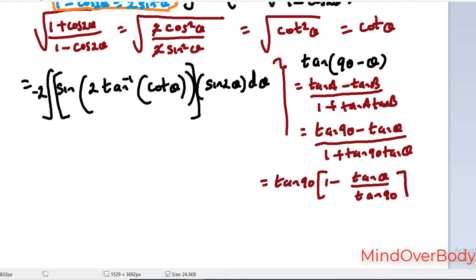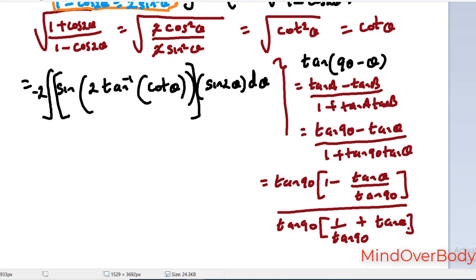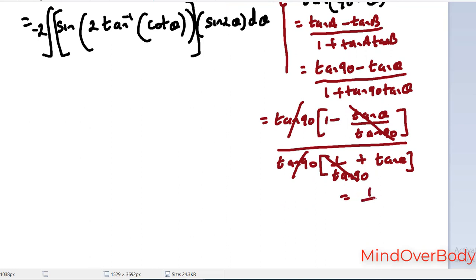So this is divided by, I'm going to get tan 90 out, and that would give me 1 over tan 90 here, followed by plus tan theta. Now I can cancel these two off. Now tan 90 is tending towards infinity, so 1 over tan 90 will tend to 0. So this also goes off, and this goes off. So what are we left with? We are left with a quantity 1 over tan theta. Now what is 1 over tan theta? That's nothing but cot theta.